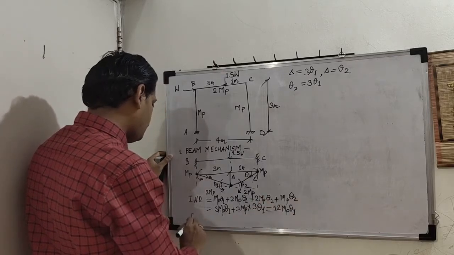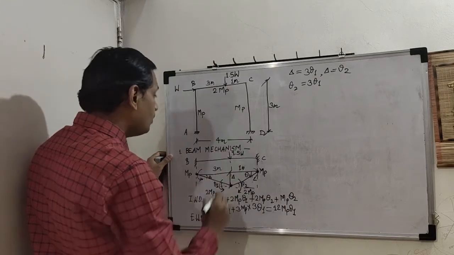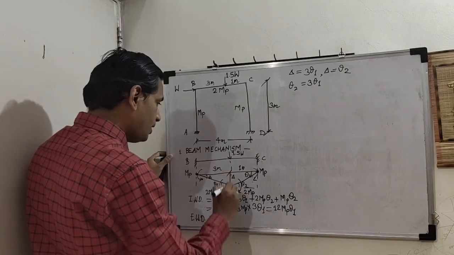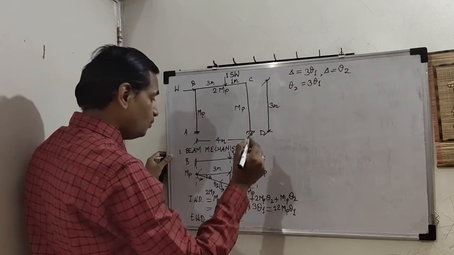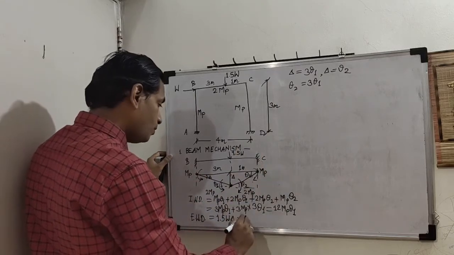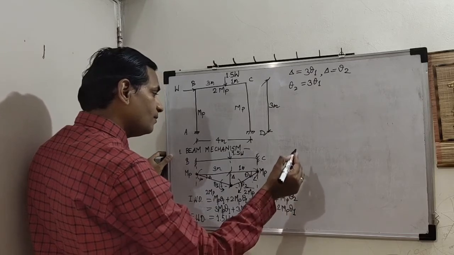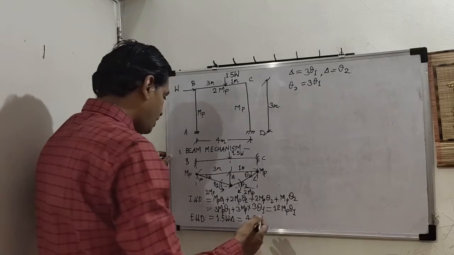And what is external work done? In beam mechanism, 1.5 W into delta. What is delta? 3 theta 1. So 1.5 into 3 is 4.5 theta 1. Okay. So equate external work done and internal work done.